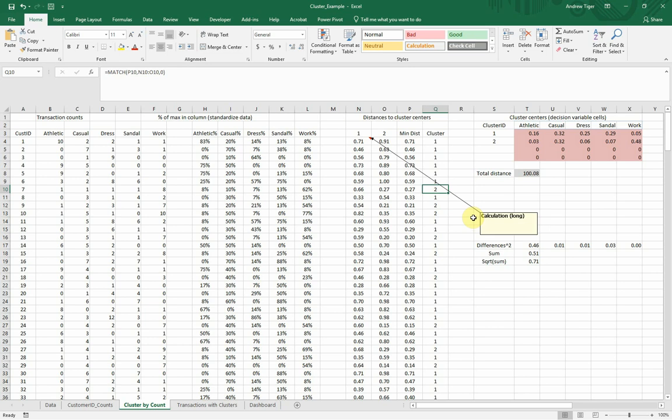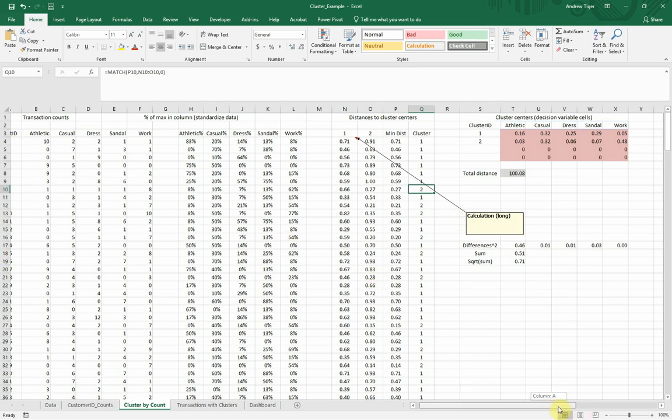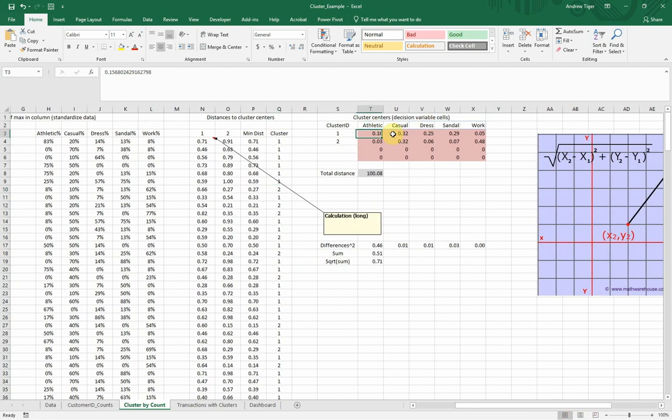Okay, so what we're trying to do is group these into similar groupings. Now, we don't know what they are. These are the middles of these clusters, but we don't know what they are. When we first start, this is what we got. So what we're going to use is optimization.